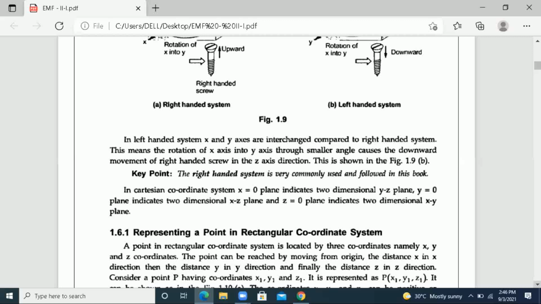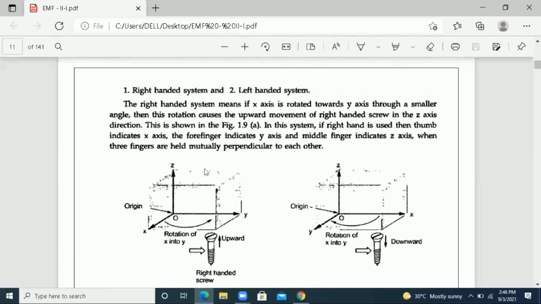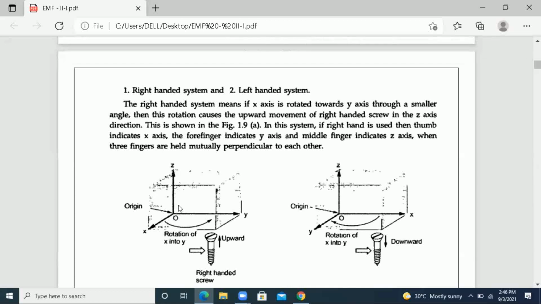Now, when we say the X, okay. Look at the rectangle. You have this side, we call it a plane.